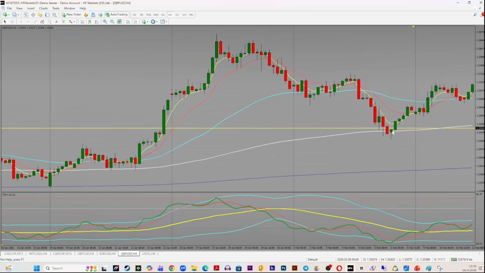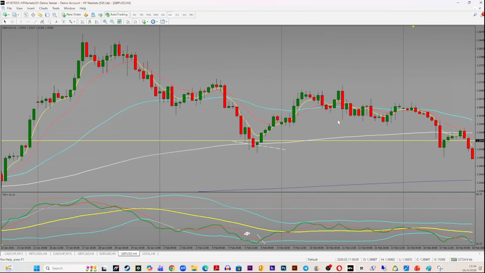So here we had a touch of the 200, which is here, and then what did we get on the TDI? We actually got this shark fin. I'm sure you can see that there was a shark fin here, the market going outside the bands, and after that we can see that there was a cross of the green and red, which was at this particular point for a buy.